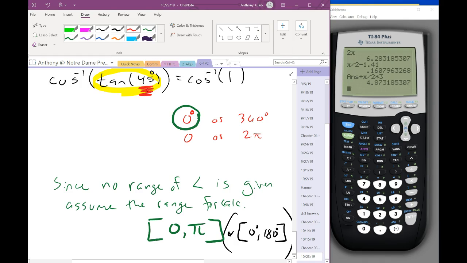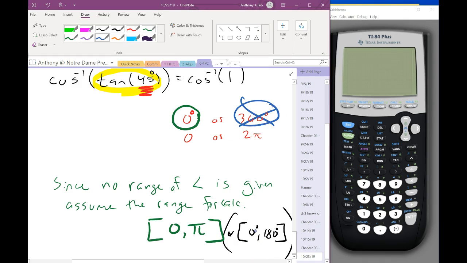Because the problem was in degrees. We had tan of 45 degrees. And 360 is not between 0 and 180, so that one's not the one we wanted.